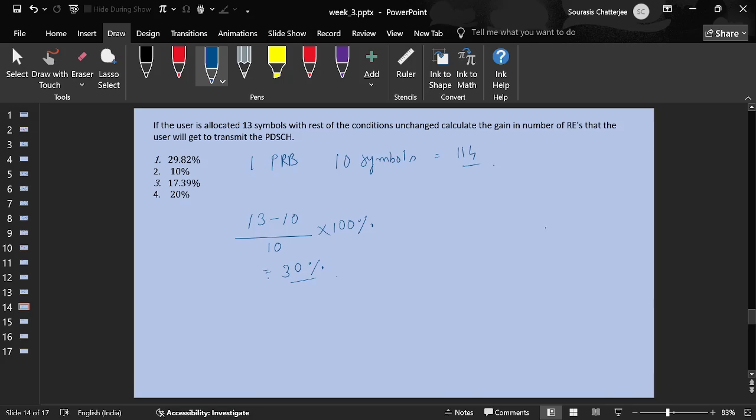I think the number of symbols is different. The number of REs was 114 into something for 10 symbols. You have written it as 114. So what should it be? 114 into 110 or something like in the previous problem.